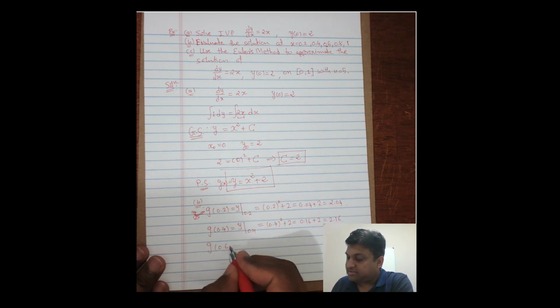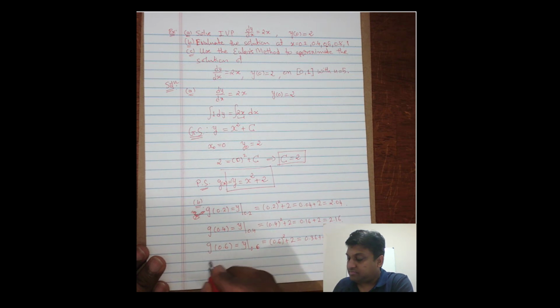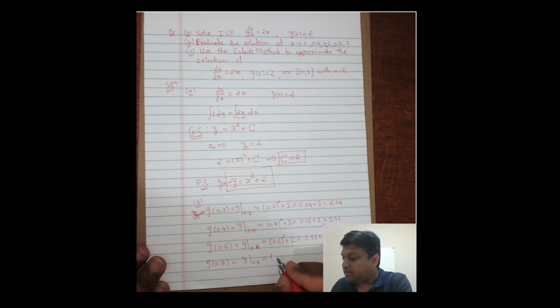Y at 0.6 is 0.6 squared plus 2. 0.6 squared is 0.36, so 2.36. Evaluate your solution at 0.8: 0.8 squared plus 2. 0.8 squared is 0.64, and if you add 2 to it, you get 2.64.